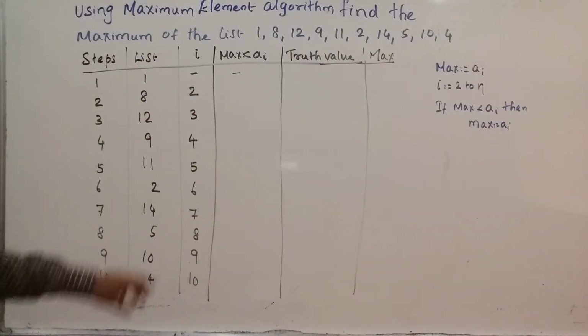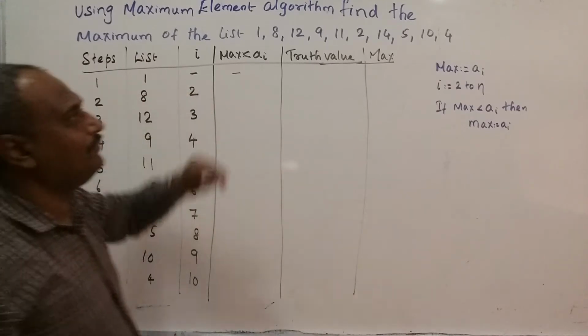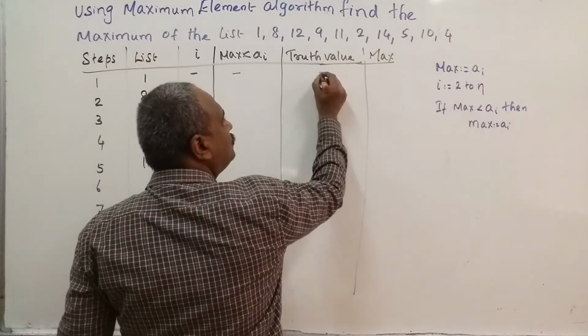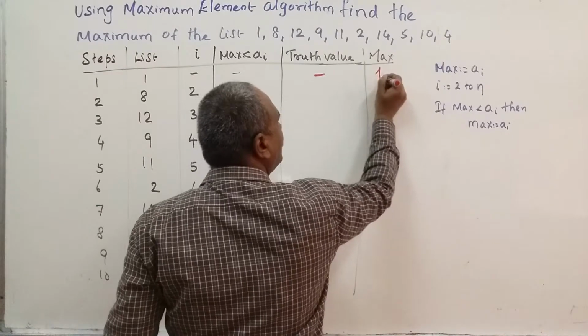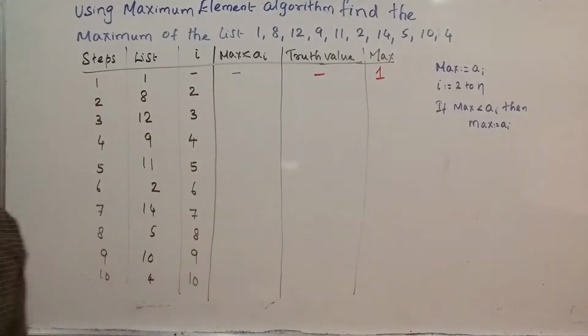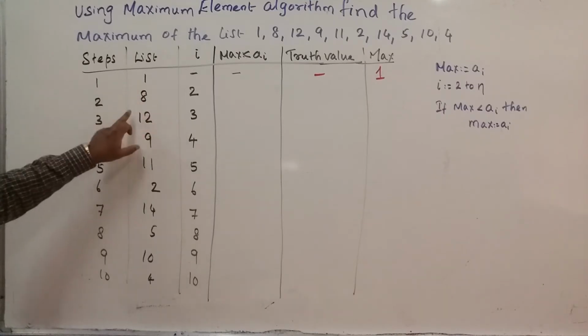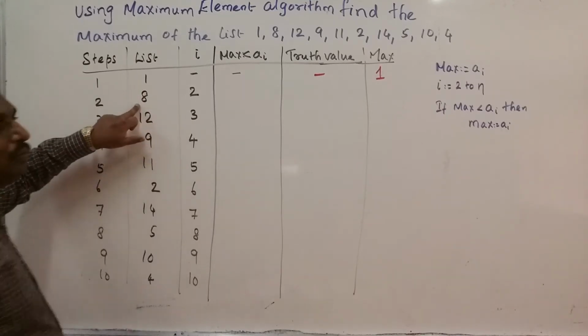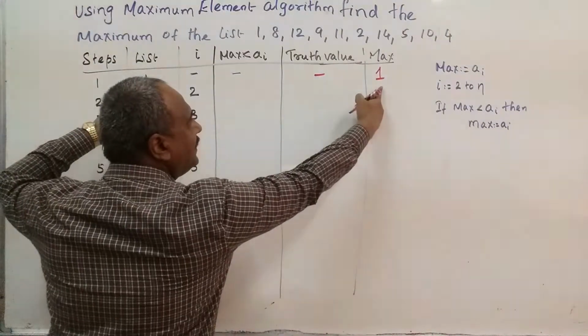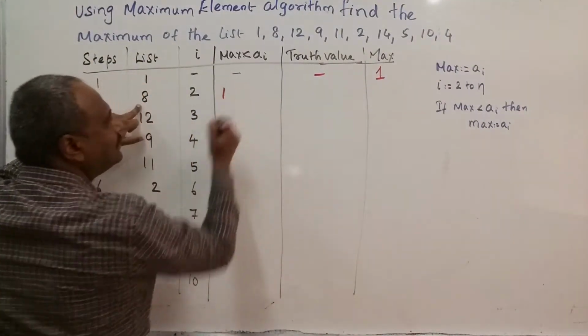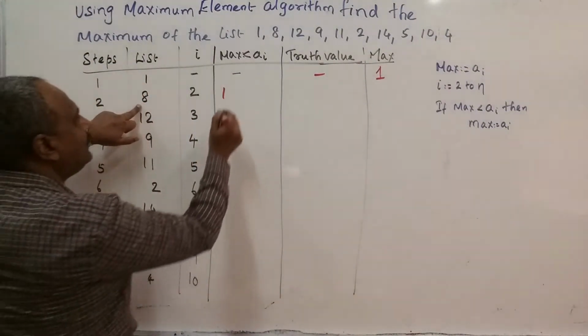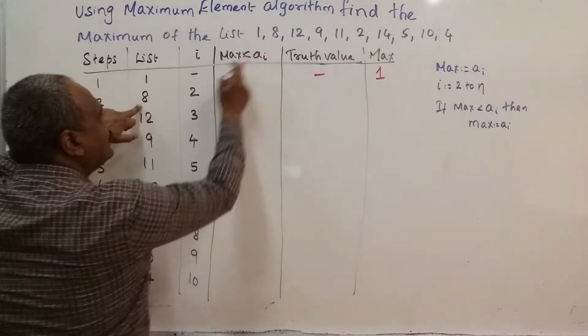So on the first step, there is no truth value, we are just assuming the maximum as the first number. What is the first number here? 1. When it comes to step 2, it is going to check: the maximum value is 1. Is the maximum value less than the second number?